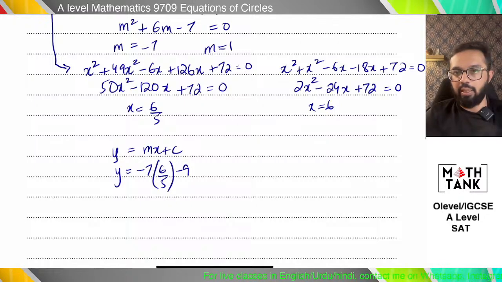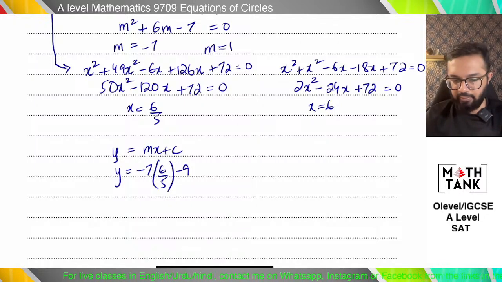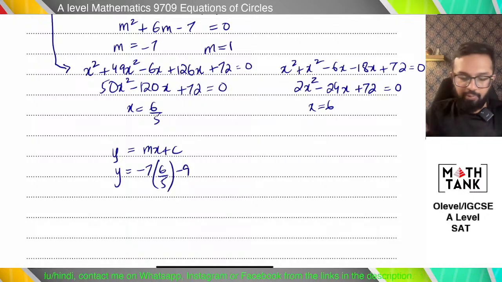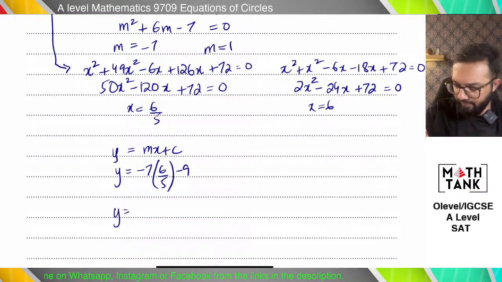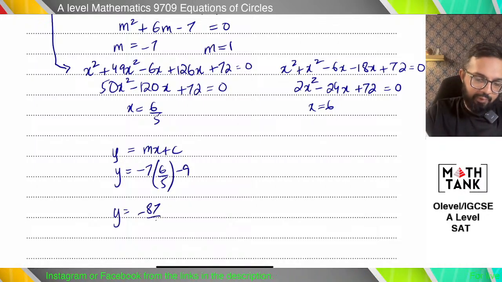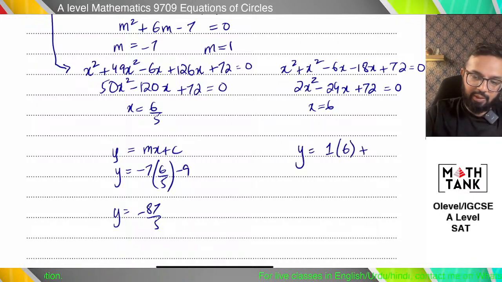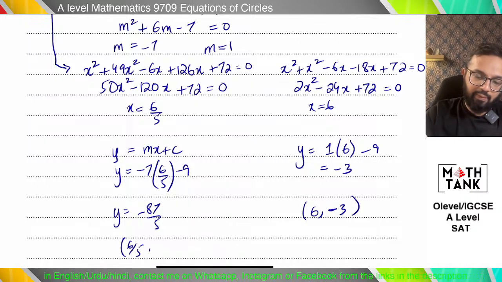So I should get −87/5. For m = 1, x = 6, y = 6 − 9 = −3. So (6, −3) and (6/5, −87/5).